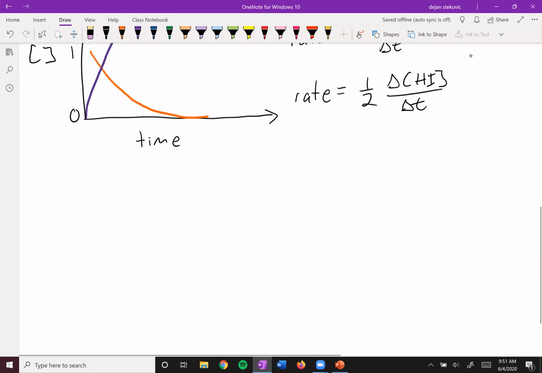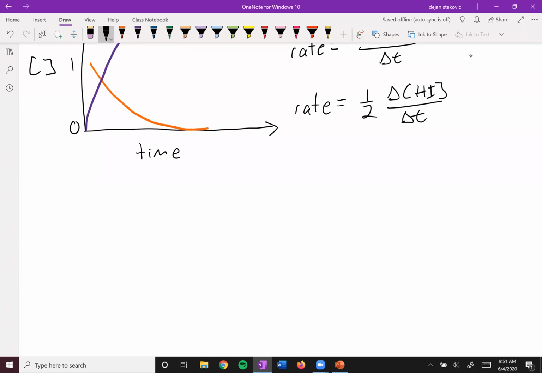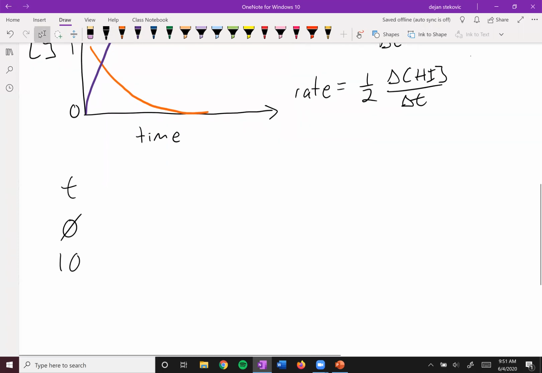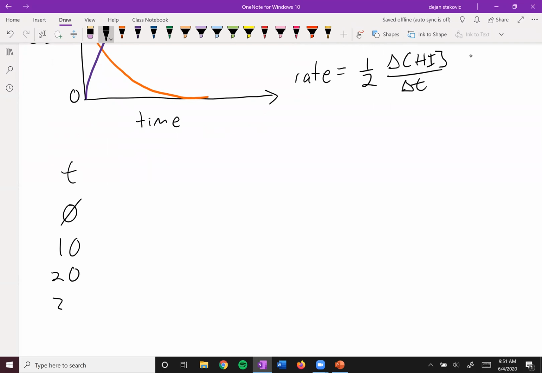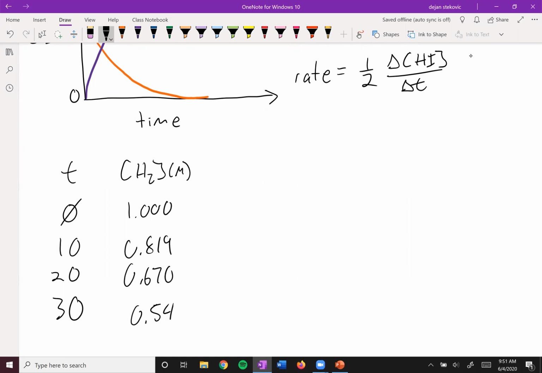So let's take a look at a set of data here. We'll have time: 0 seconds, 10 seconds, 20 seconds, and then 30 seconds. Take a look at the concentration of H2, in units of molarity. We start off with 1 molar, then go to 0.819, then 0.670, then 0.549.